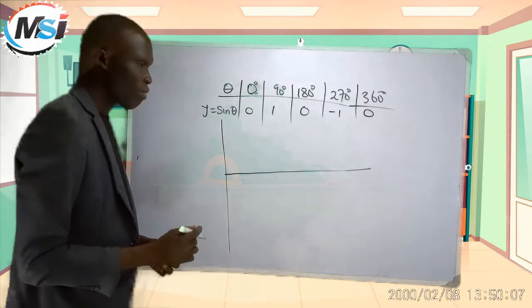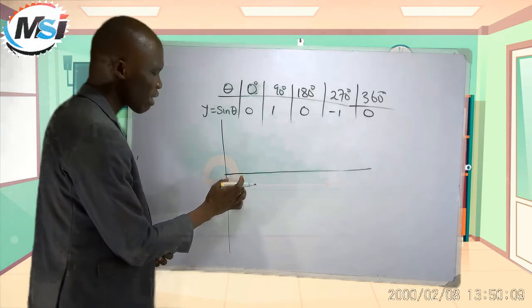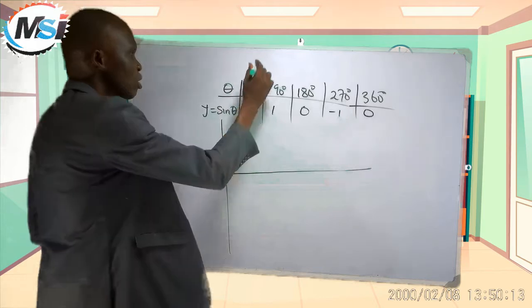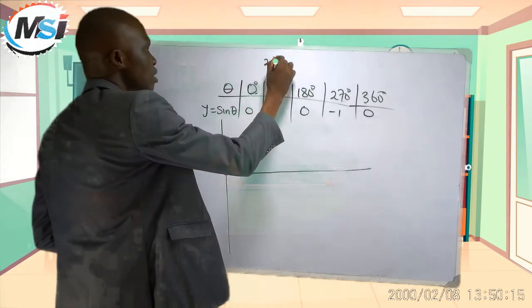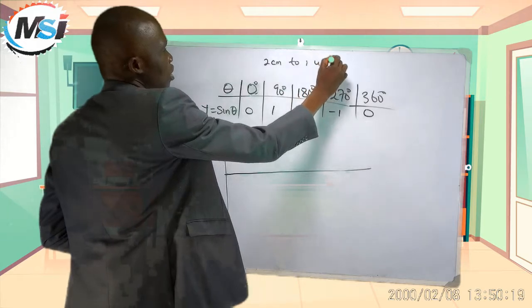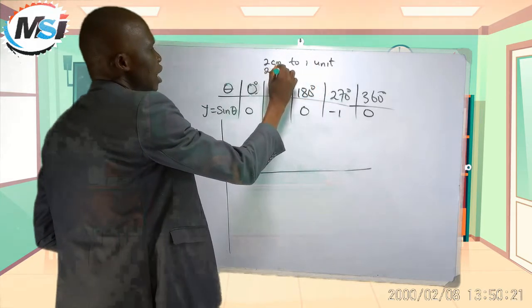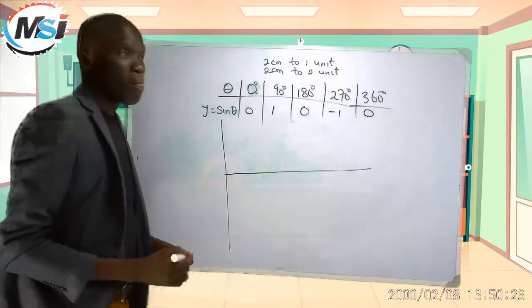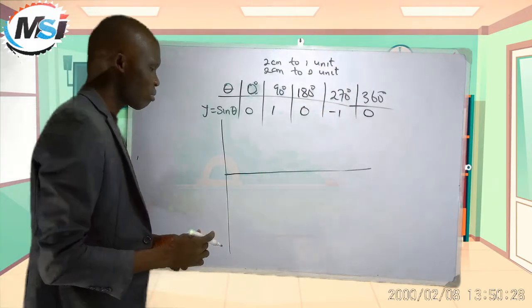On your graph you have 5 centimeters, and in a question they might give you 2 centimeters to 1 unit, or 2 centimeters to 2 units. I'll explain what that means.